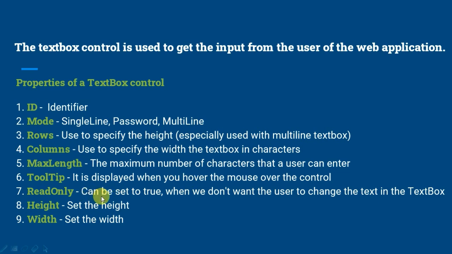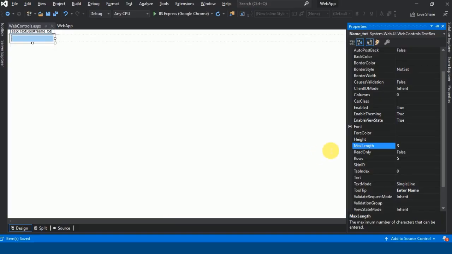Next is read only. Whenever you want your text not to be altered or changed, you can set it as read only. In this case we need to have some text there beforehand, so you need to set a particular text.